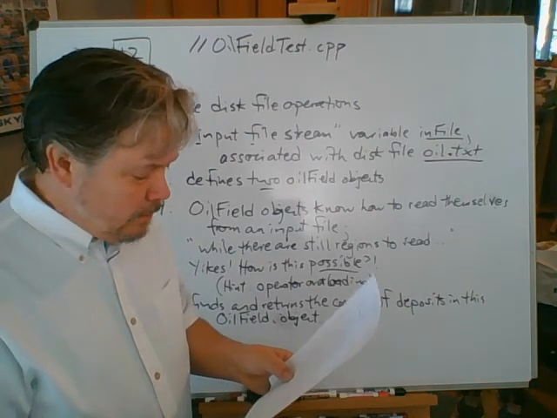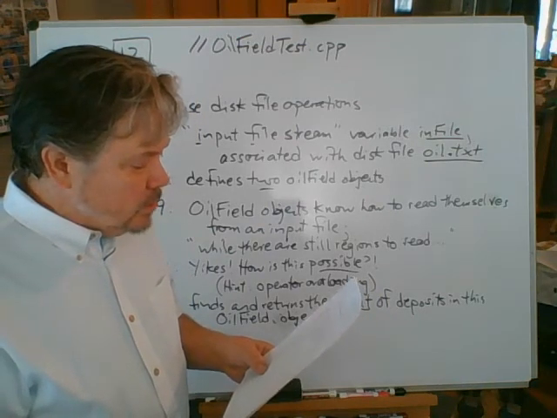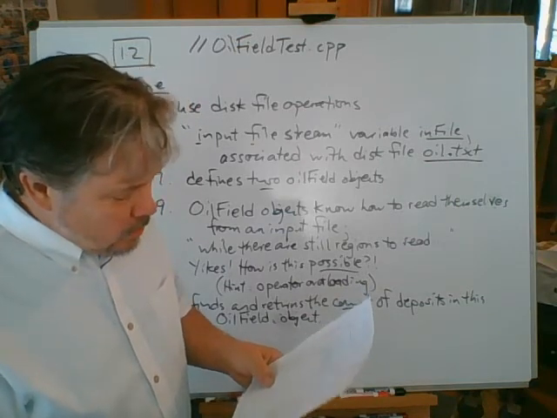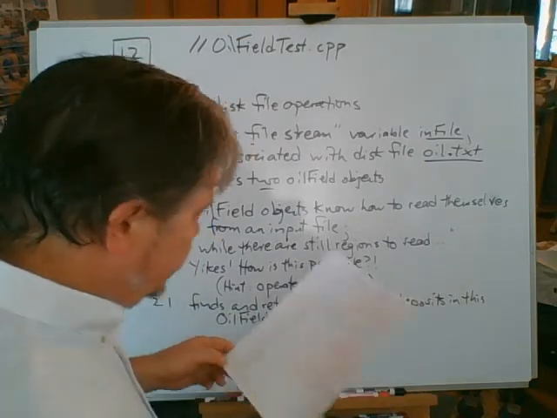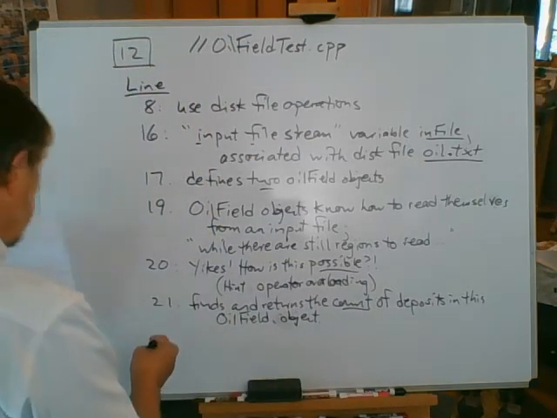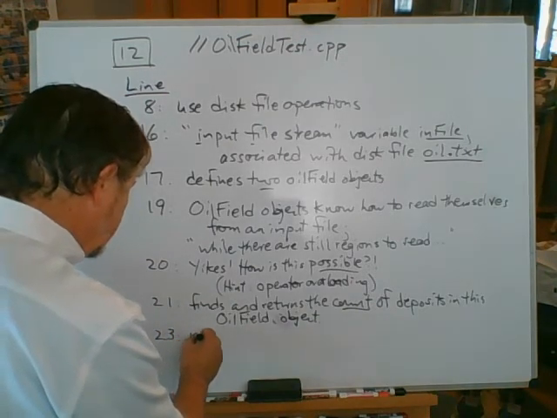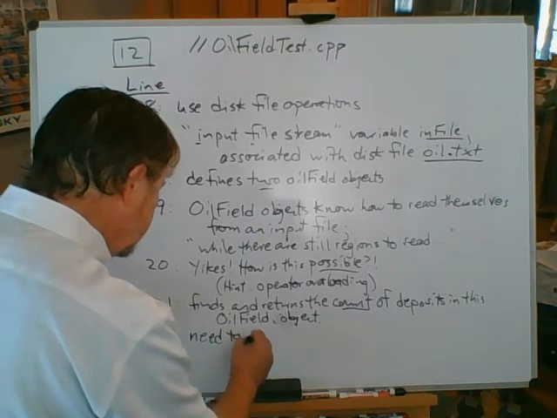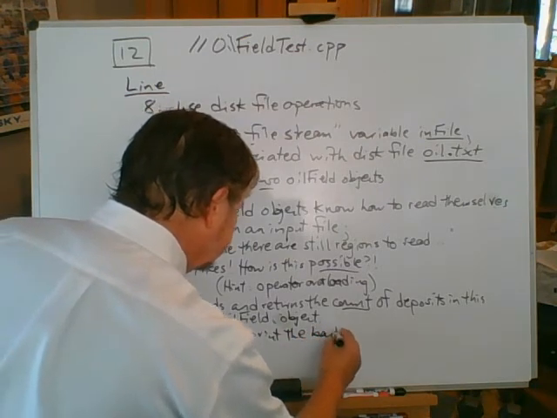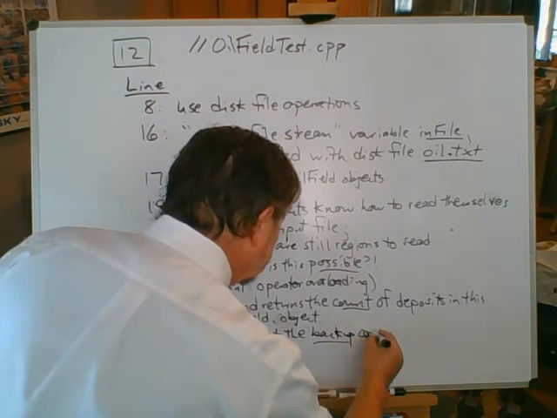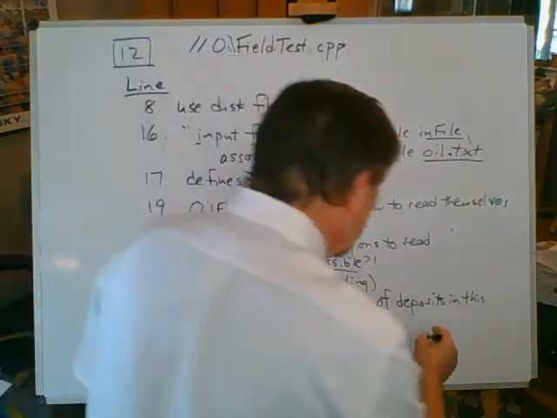All these pieces we've got to keep in mind at the same time. And then there is no end line at the end of line 21, so it still keeps going on line 22 in this oil field, colon, and then it prints out the oil field back up. So line 23, is that the next one to pay attention to? Line 23, I'm just going to put a note here. We need to print the backup copy, and then parenthetically, because the original got trashed when we were searching for oil.